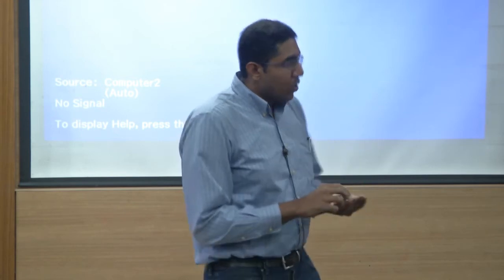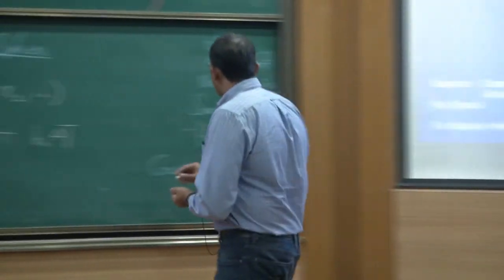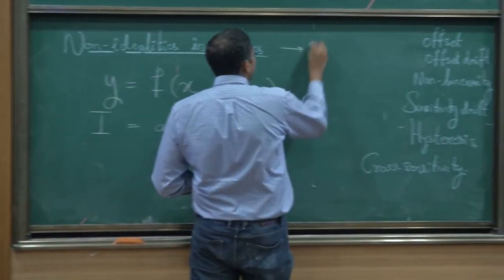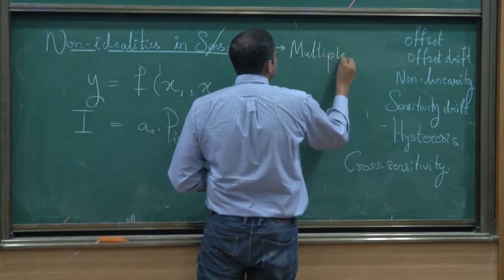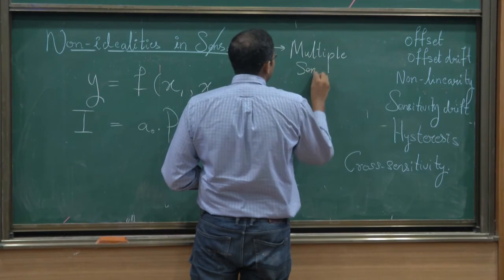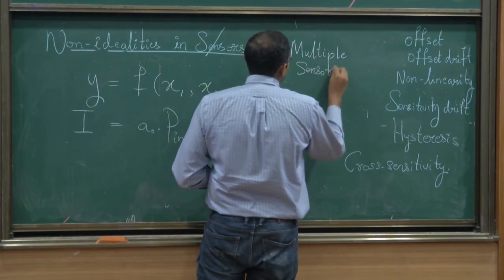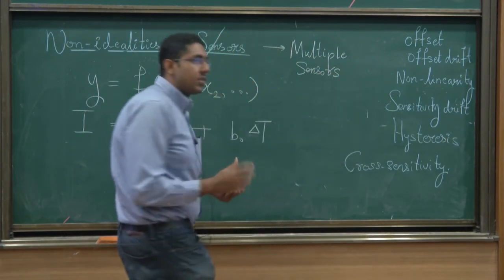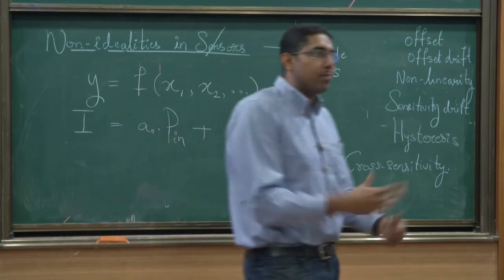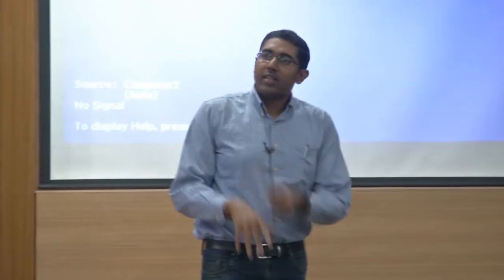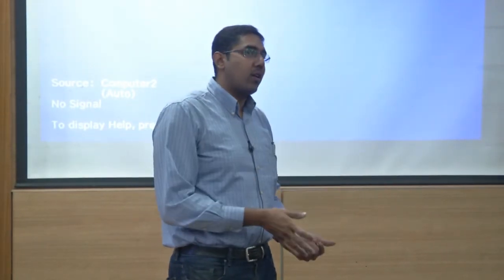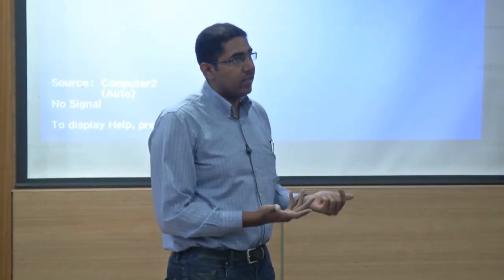Is that clear? So basically, in these situations, the solution is to have multiple sensors which are sensing different parameters, not sensing the same thing. If you just have two sensors measuring the same thing, it doesn't improve anything, right? If both sensors measure the same gas, both are cross sensitive, there is nothing you achieve, right?